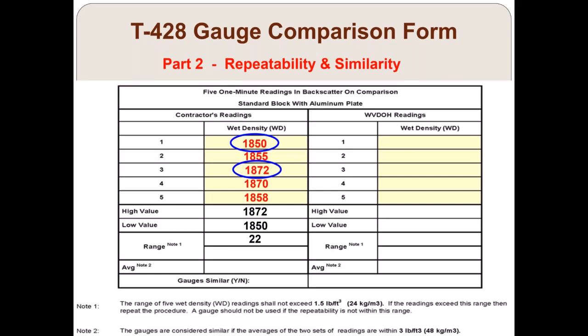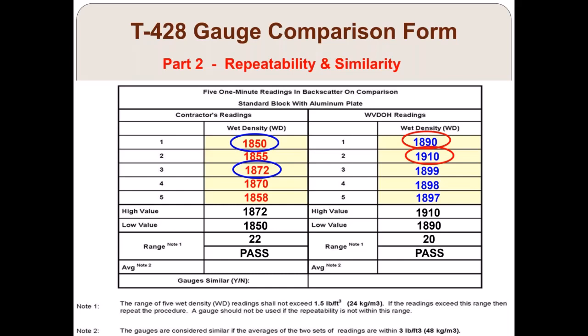If the range is within 24 kilograms per meter cubed, gauge is repeatable. This example is 22, it passes. The DOH does the same thing with their gauge. They had a high reading of 1910, low reading of 1890. They had a 20, it passes. So both gauges are repeatable.